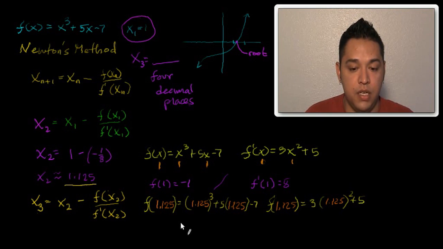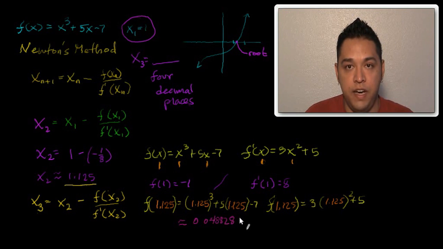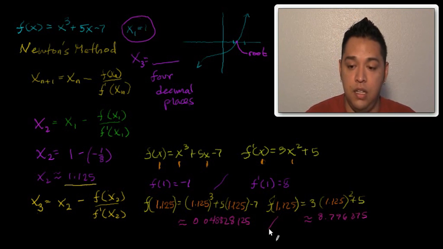I get approximately 0.04882812. I know, it's pretty big. And what I get from over here is 8.796875. And I have to divide those two numbers, and the formula is going to look like this.